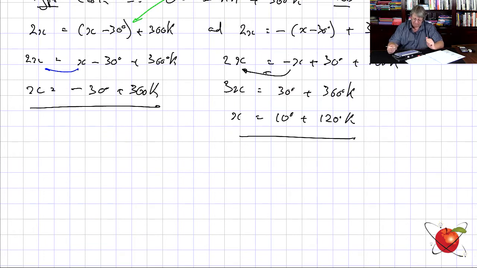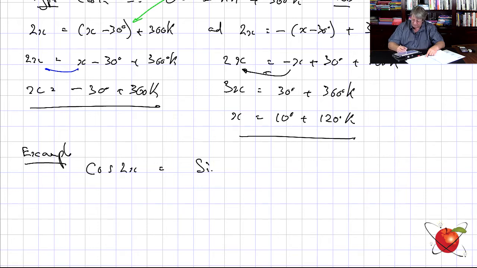Now, my question is this example. Oops. I always go back to black pen. Here's an example for you. Cos of 2x equals sine of x minus 30. Right?